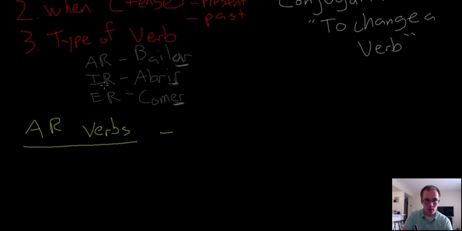Remember, you have yo, you have nosotros, right? We have tú, there's vosotros, and then there is él, ella, that should get an accent, and usted, and then we have ellos and ustedes.